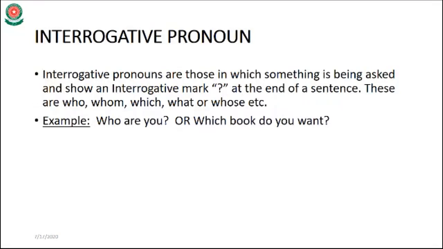Come to the next slide. Interrogative pronoun. What is meant by interrogative?